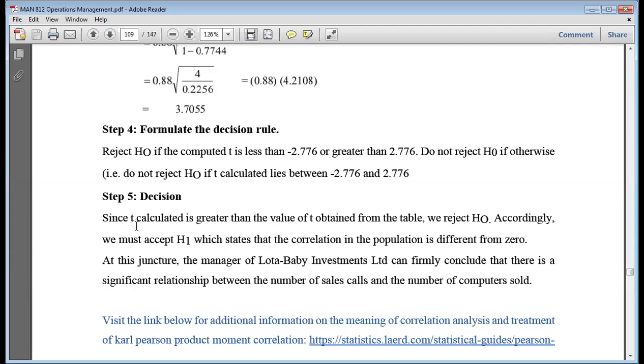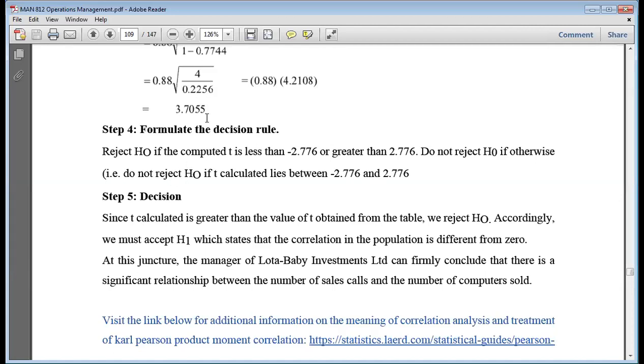Since T calculated is greater than the value of T obtained from the table, which I said you get when you download the T distribution, you reject the null. Assuming the table one is greater than the one we calculated, it means you are not rejecting the null.